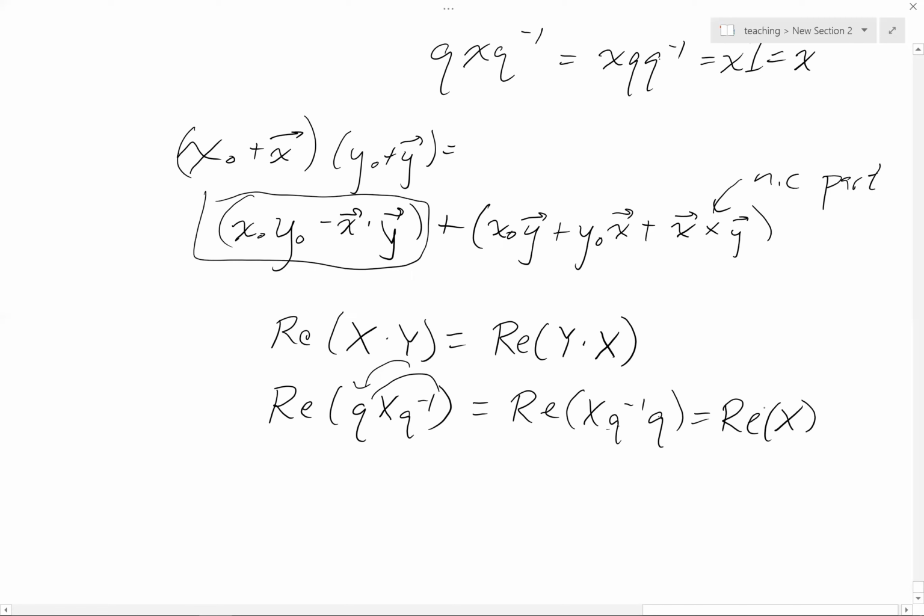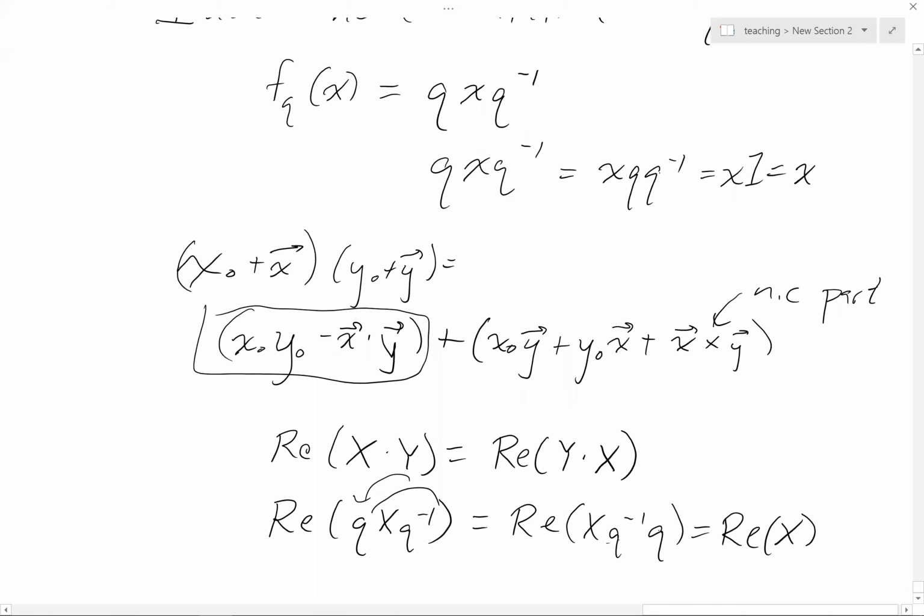So even though I don't get back x because it's non-commutative, if I just look at the real part, the real part doesn't change when I do this function.